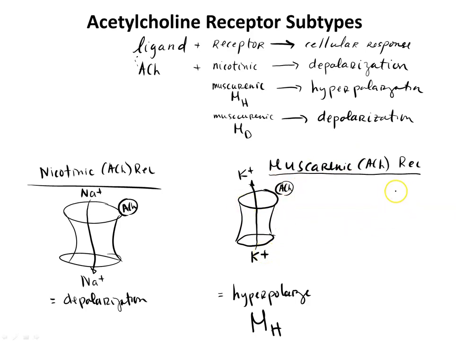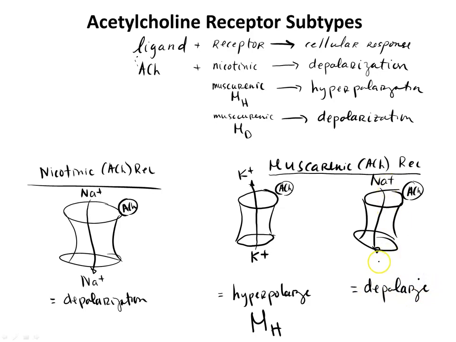Now, if I want to turn a cell on, I'm going to have acetylcholine bind here. If this is a ligand-gated channel where sodium can come in, this is depolarize. Yes, because sodium is coming into the cell, more positive charge.